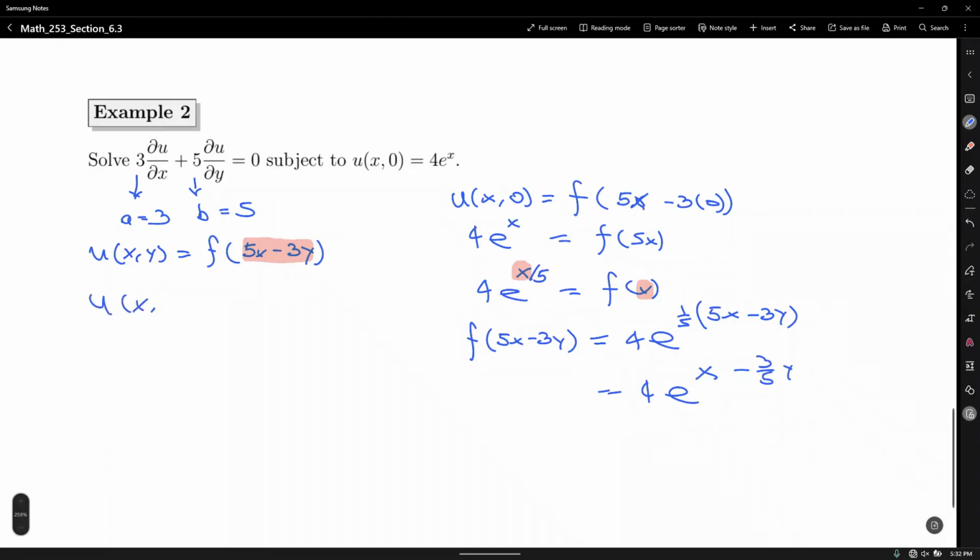So u of x, y, which is now the particular solution, not the general one, will be 4e to the x minus 3/5 y.